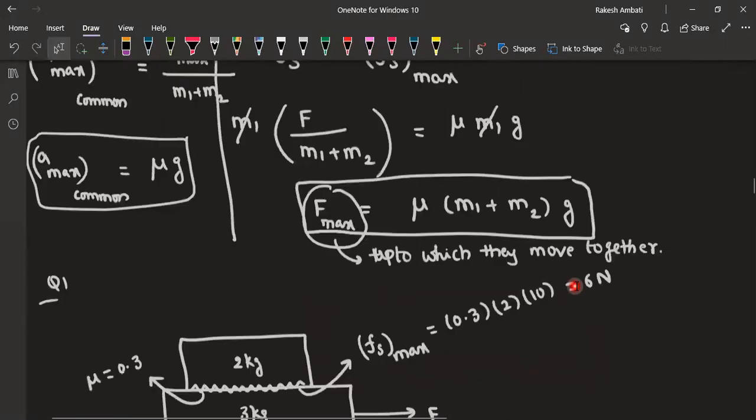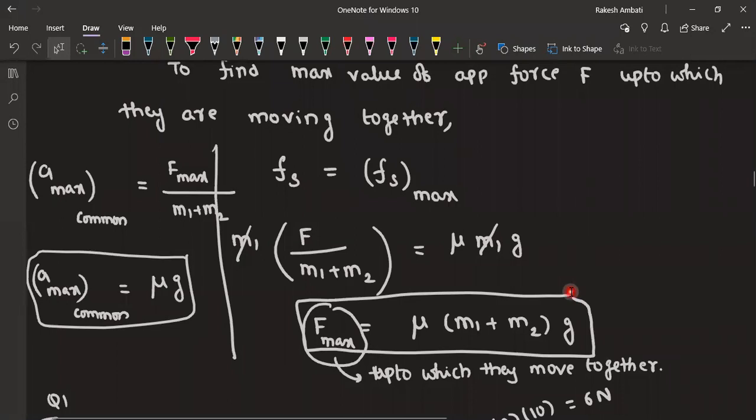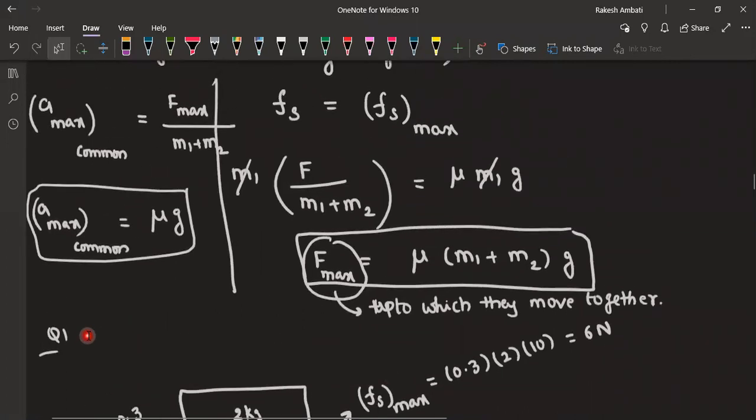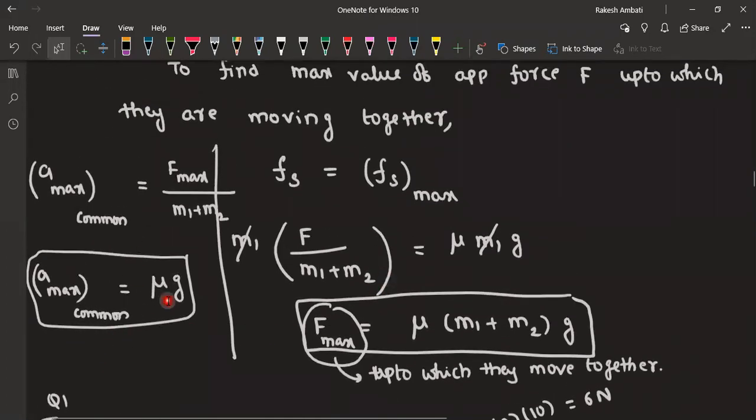One minute, please. Done, sir. In type 1, before the first question, please note down these points.